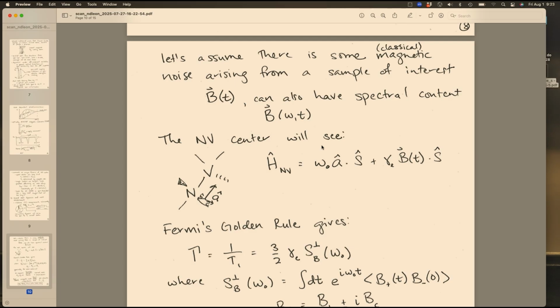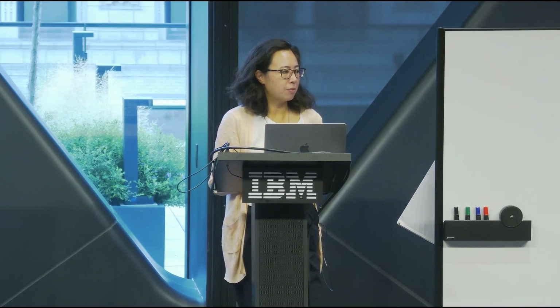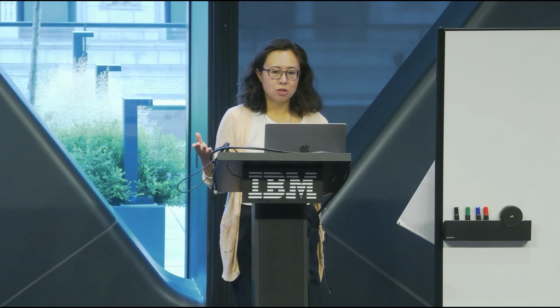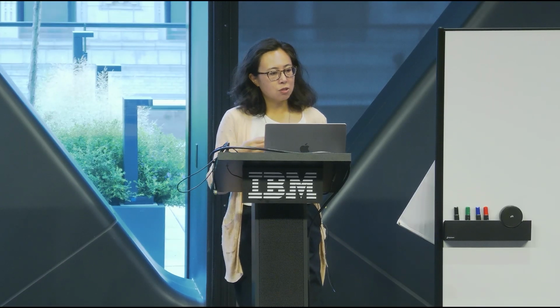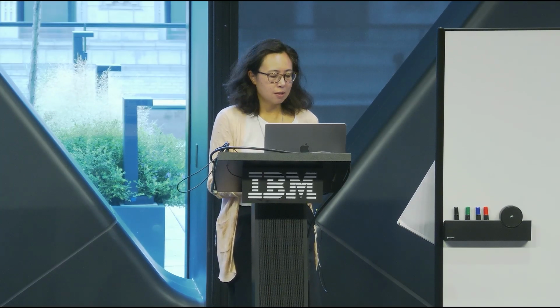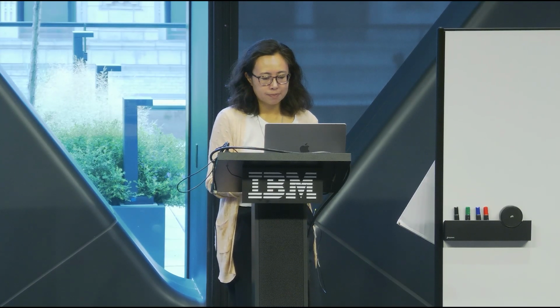And the noise that is going to give rise to is Johnson noise. So I should be able to detect some noise that is broadband, because Johnson noise just goes as temperature, so it's completely white. And that is going to have some component in the spectrum that is on resonance with the NV center, right? So at around 3 gigahertz.